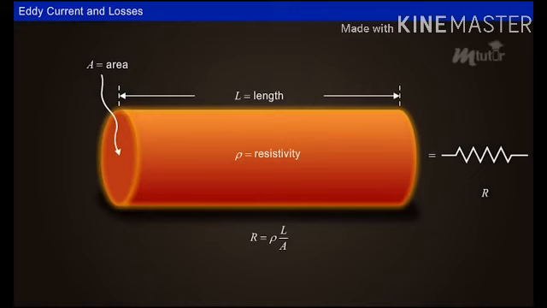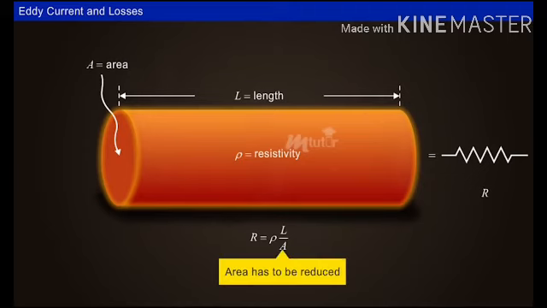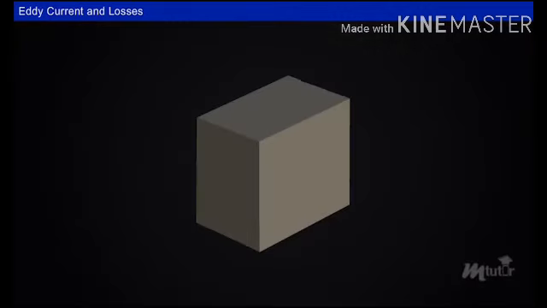The power loss due to this is called eddy current loss. It is obvious that if the cross-sectional area of the eddy path is reduced, eddy current losses will also be less. For analysis purposes, let us consider a rectangular core instead of a cylindrical core without loss of generality.